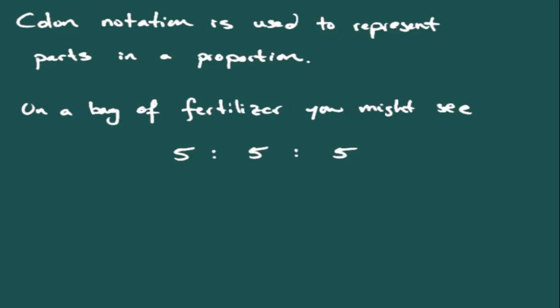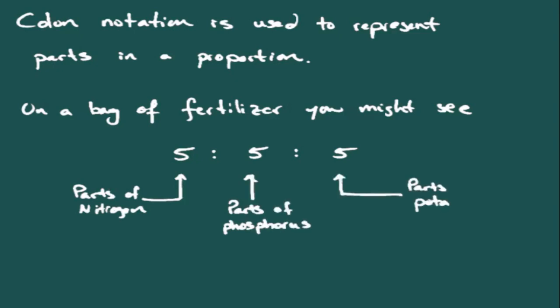What that means is that the first number is the number of parts of nitrogen in that fertilizer, the second number is the number of parts of phosphorus, and the third number is the number of parts of potassium. Now, those are all in proportion, so how do we get fractions out of that?